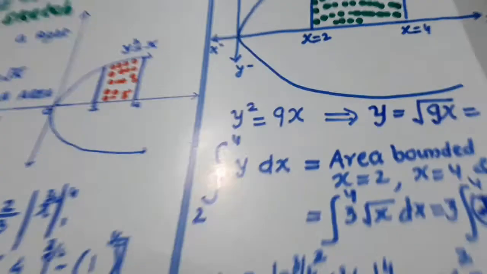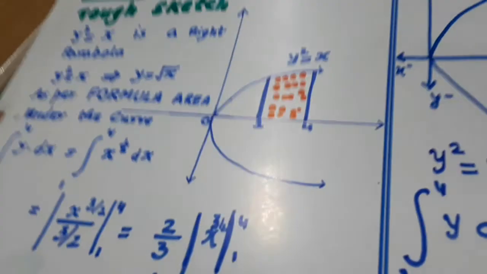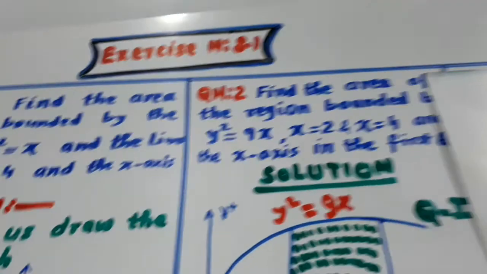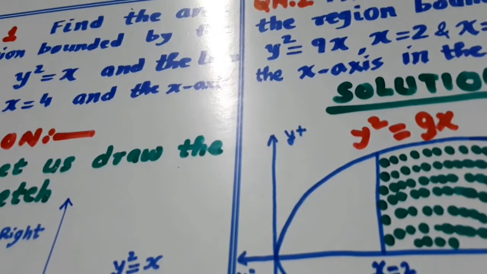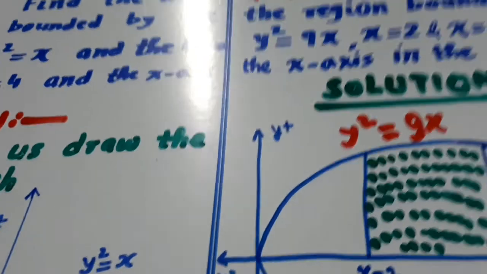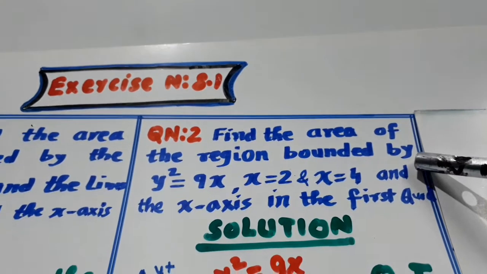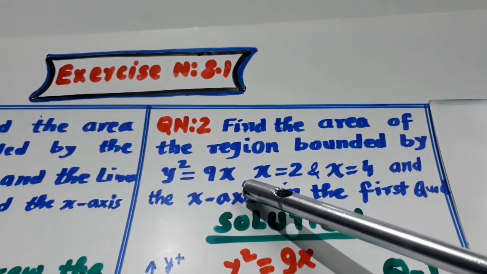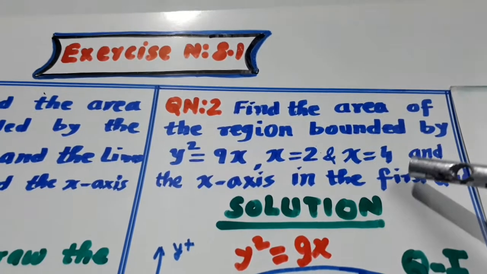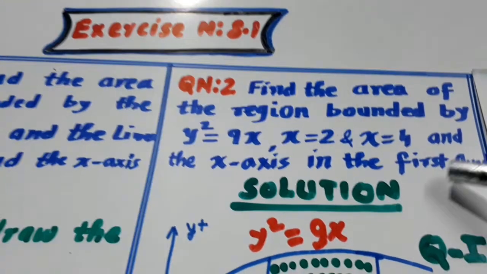The second question is this. Find the area of the region bounded by the curve y square is equal to 9x, x is equal to 2, x is equal to 4 and the x-axis in the first quadrant.